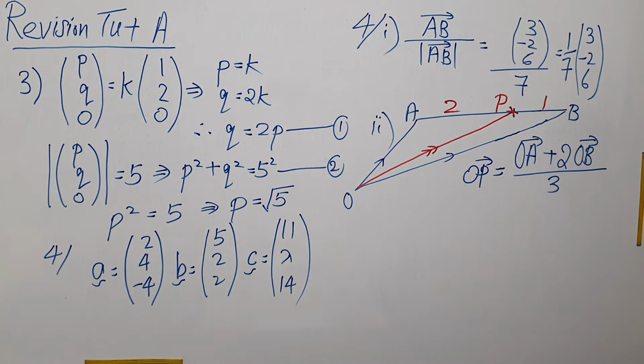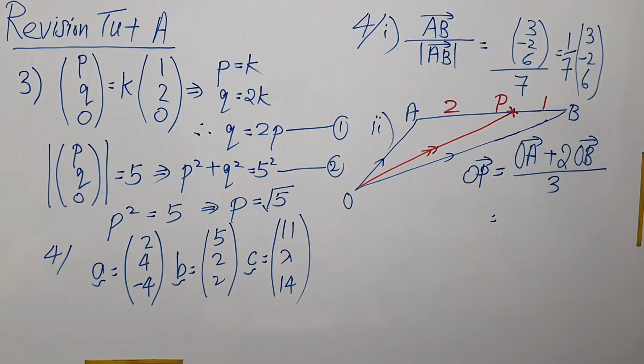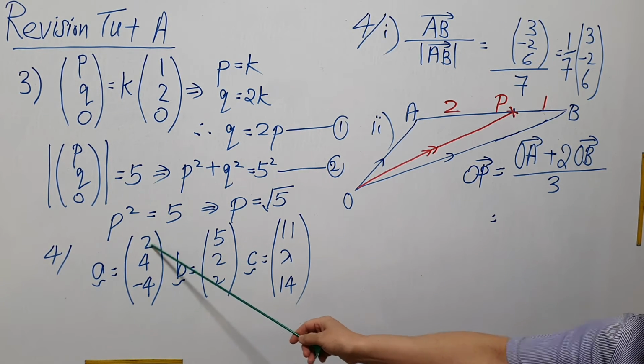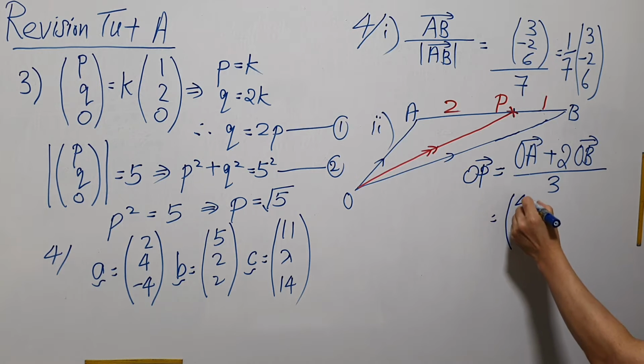What I'm going to do right now is perform the arithmetic of OA plus twice OB. OA plus twice OB, so it's 2 plus 10 divided by 3. 2 plus 10 is 12, divided by 3 is 4.